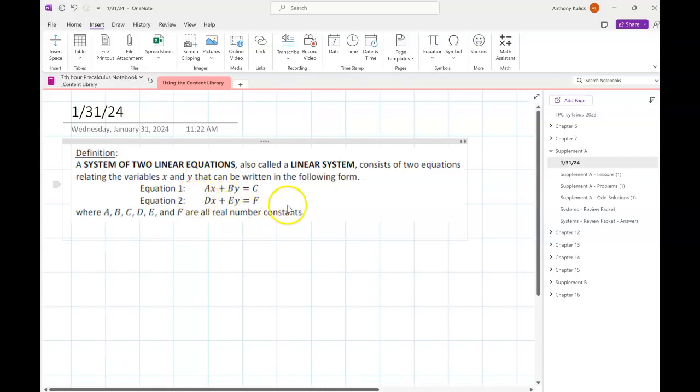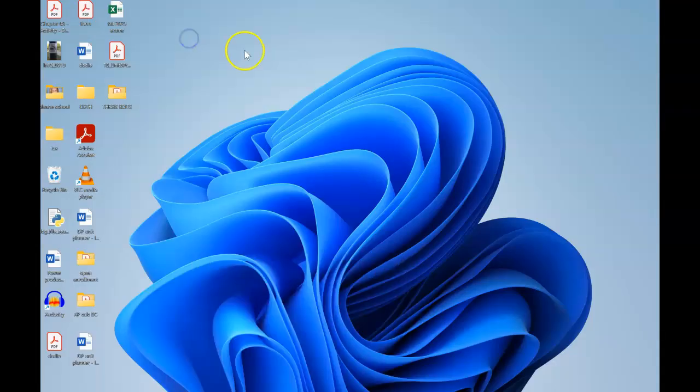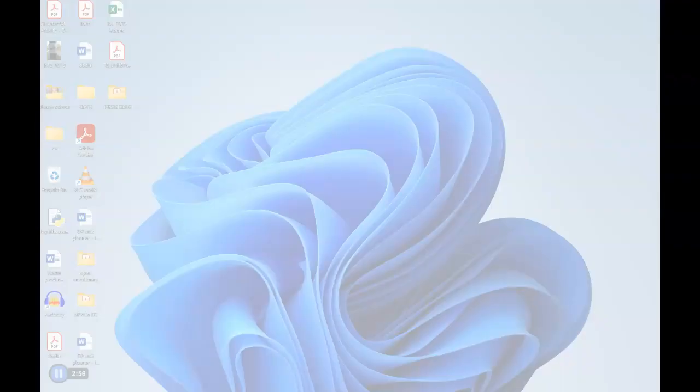And any x, y that satisfies equation 2 has to be on the line for equation 2. So if that x, y satisfies both equations at the same time, it has to be on the intersection of the two lines. That reasoning is our motivation for our first method on how to solve something like this.